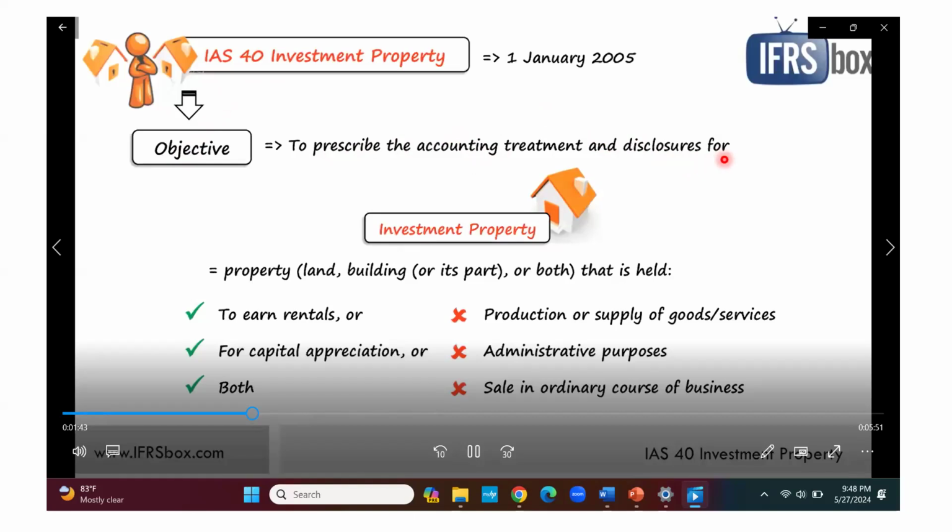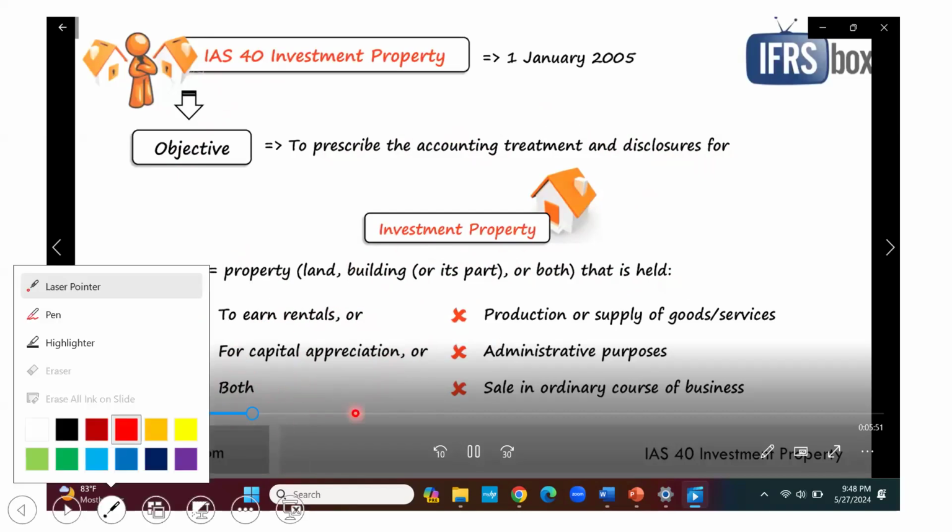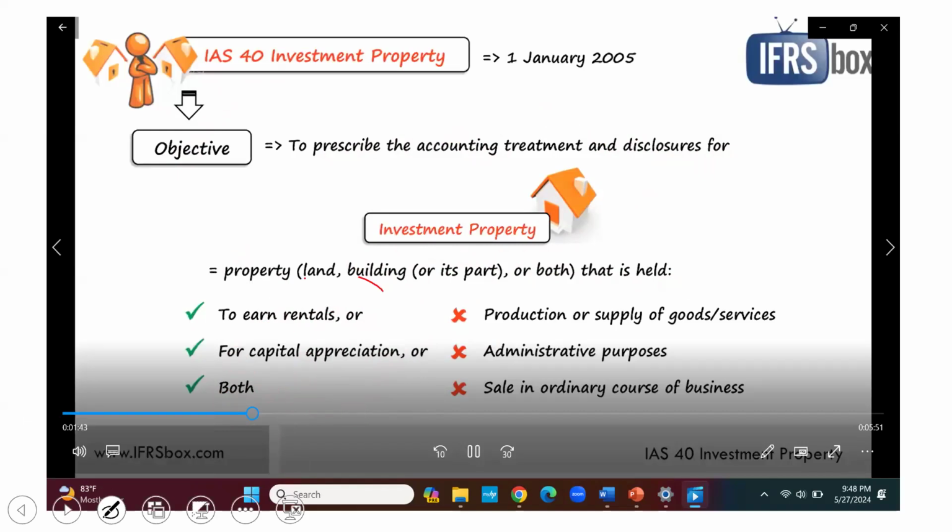Now, we know that investment property is a land or a building or both, held to earn rental and for capital appreciation, or both. That's what we've learned so far. So if you have a property for these, then you use IAS 40.